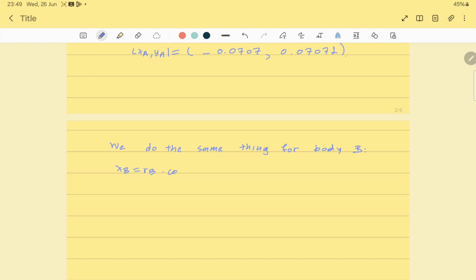So it's RB times cos theta B. The RB is 80 millimeters times cos 30 degrees, and this gives me 0.069282 meters.